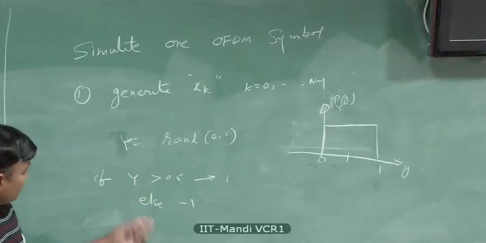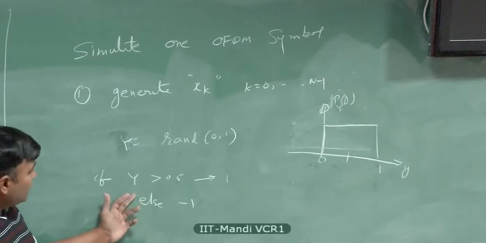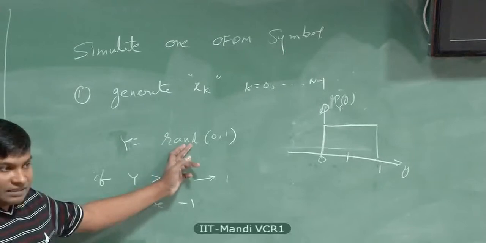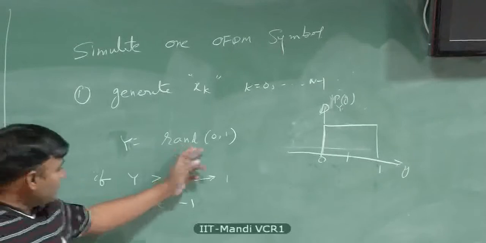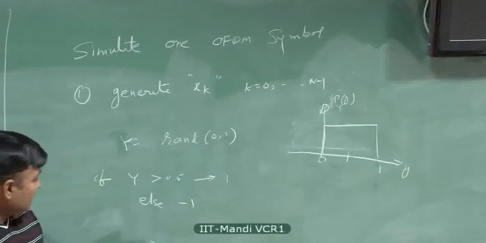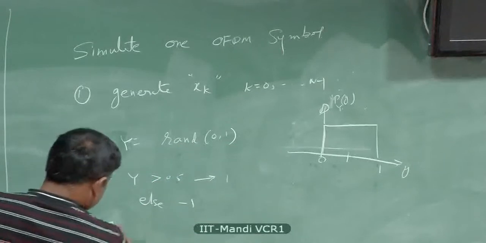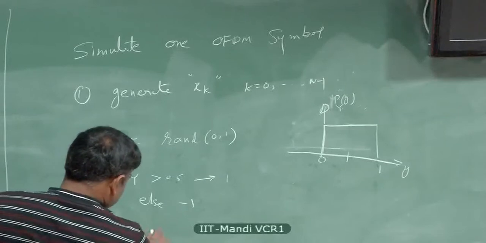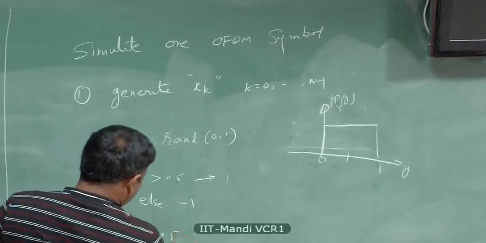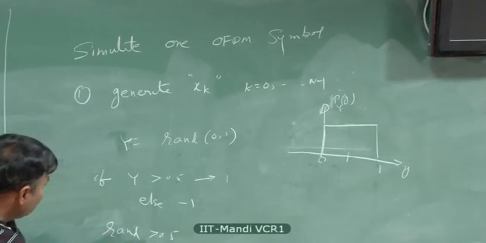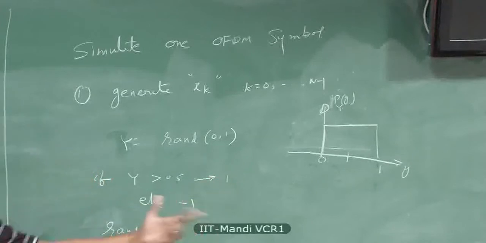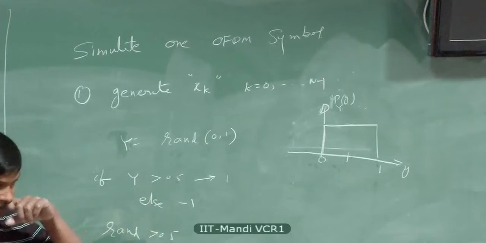So in MATLAB, all you have to do is generate rand. It gives a number between 0 to 1, and just say rand greater than 0.5, and then it gives you 1 and zeros in MATLAB.